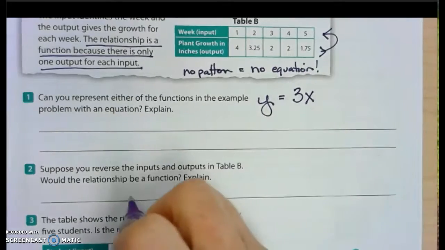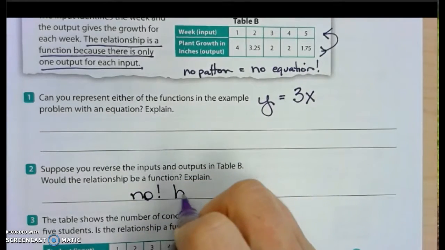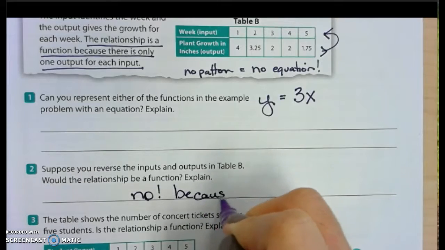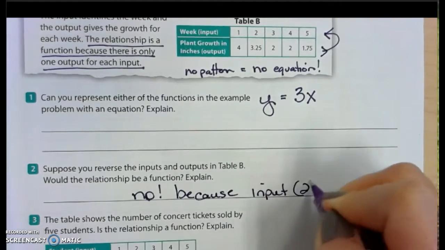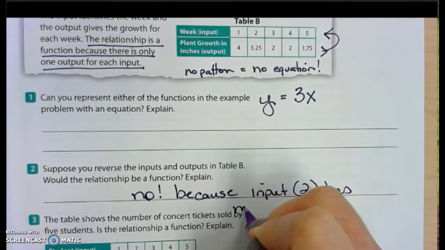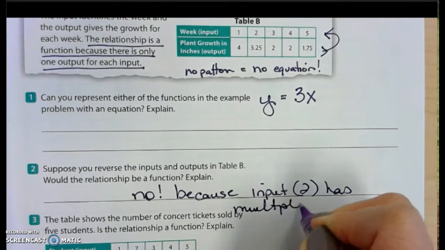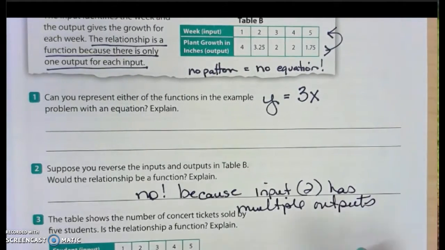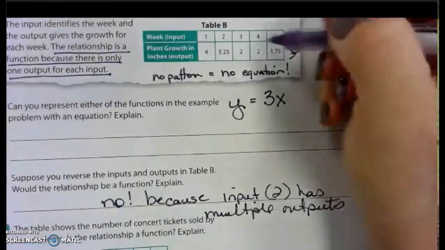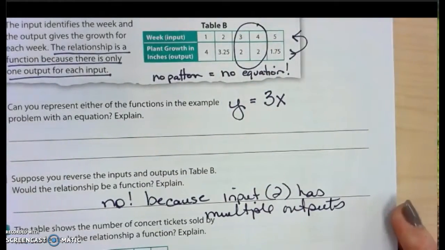The answer is no. And the reason would be because the input 2 has multiple outputs. Okay, each input is only allowed to have one output, and this one would make that not a function.